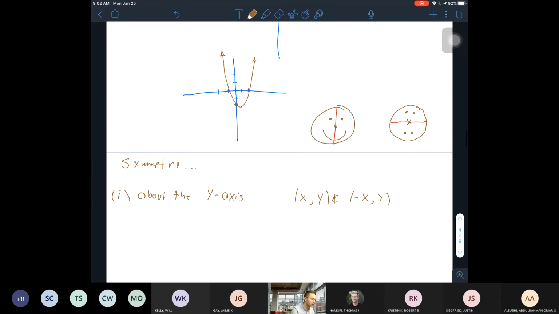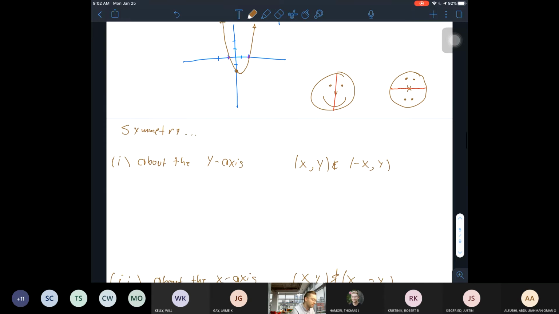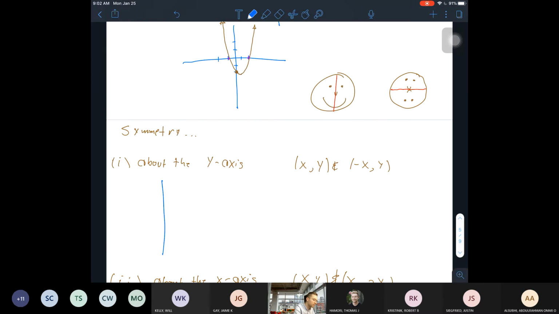Graphs of functions can have symmetry, and they can be symmetric about different references. If we say symmetric about the y-axis, this is the standard symmetry that you're used to, at least with this face diagram. We mean left and right. About the y-axis, we mean something like this.